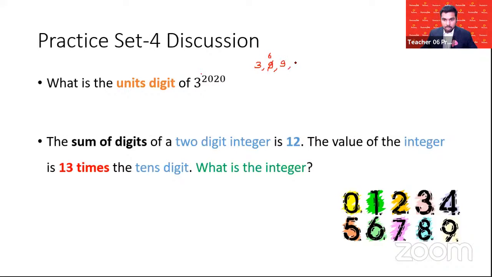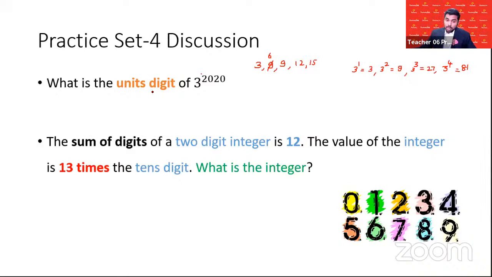And what is the next number? 12, 15, etc. But what I'm looking for is 3 to the power 1, which is 3. 3 to the power 2 is equal to 9. 3 to the power 3 is equal to 27. And 3 to the power 4. What is 27 multiplied by 3? By now you will be able to say. This is 81. Yes.